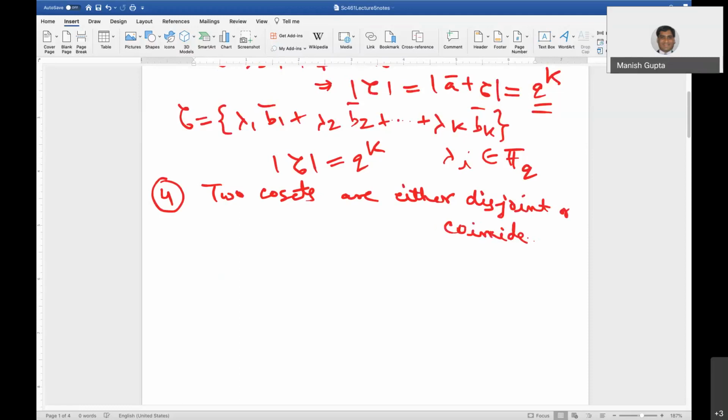So two cosets are either disjoint or they coincide. There is no overlapping possible. That means if we take two cosets, either they are disjoint or they are the same. So let us try to prove this simple fact.